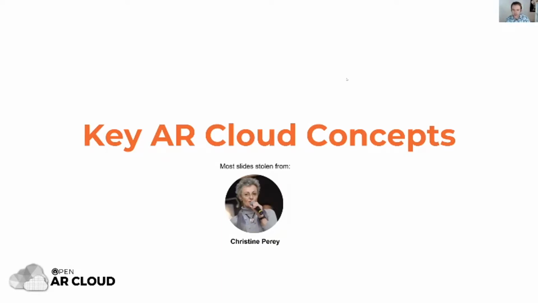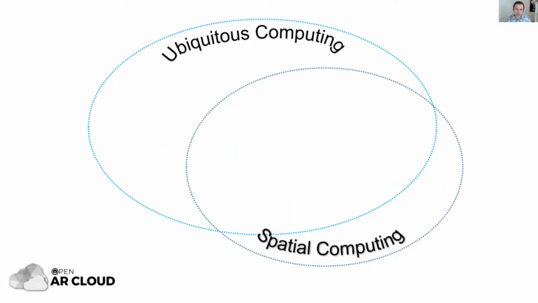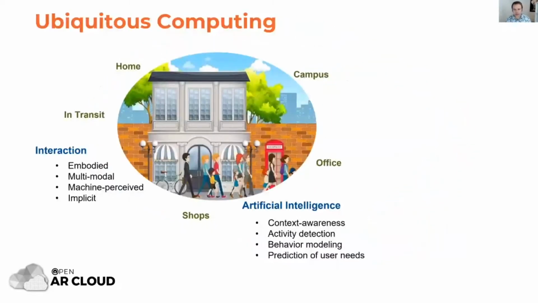So let's start out with the large-scale concepts. We have ubiquitous computing, and we also have spatial computing that has some overlap. And we want to try and explain AR cloud technology in this wider context. Ubiquitous computing is a term that has been around for many decades.